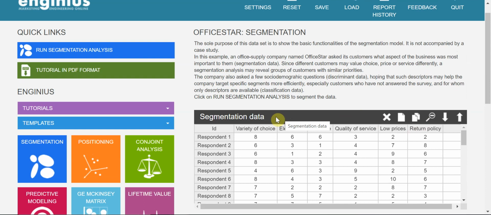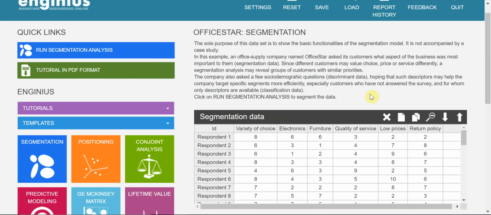Needs-based segmentation segments the market using different needs in the market. So how can we find out different needs in the market? There may be several different ways, but one way would be to ask this question.